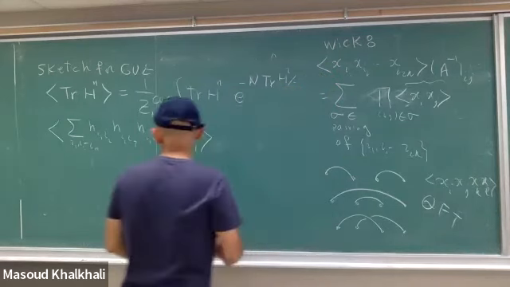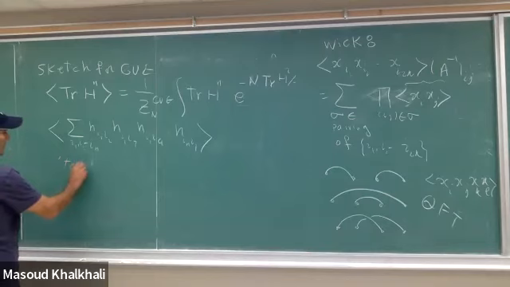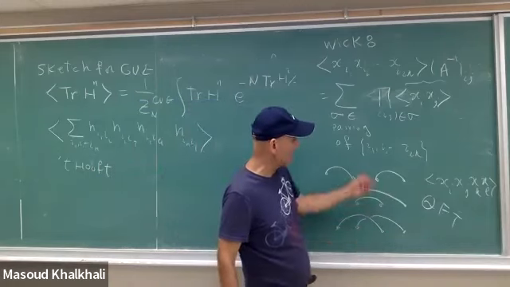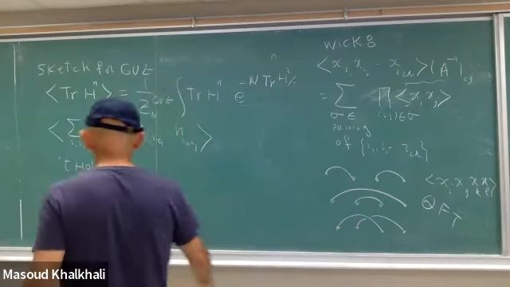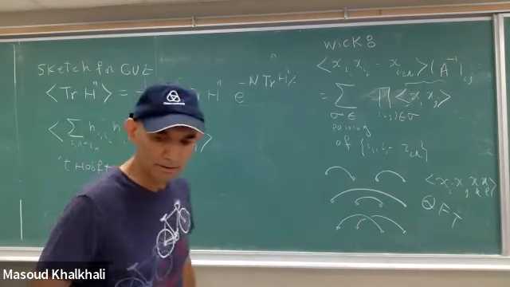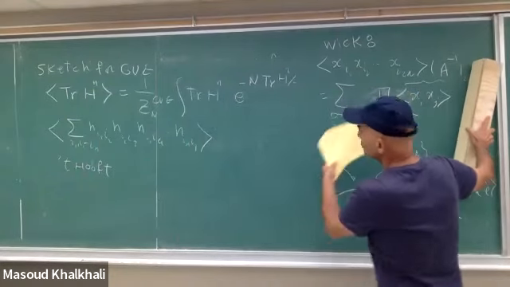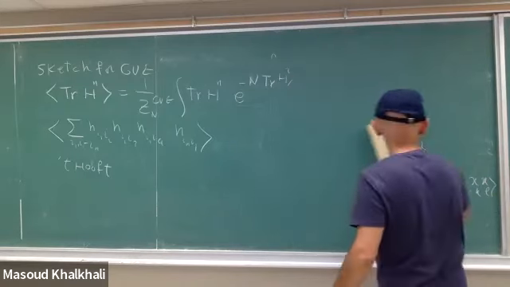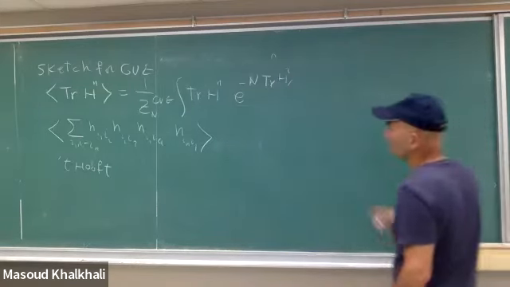But what people noticed, in fact starting with 't Hooft, is that the summation, instead of summing over such graphs, can be summed over polygons. So let me now write it like this. We want to compute such things. Let me give you an example.